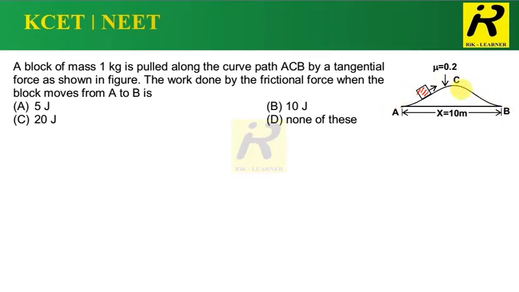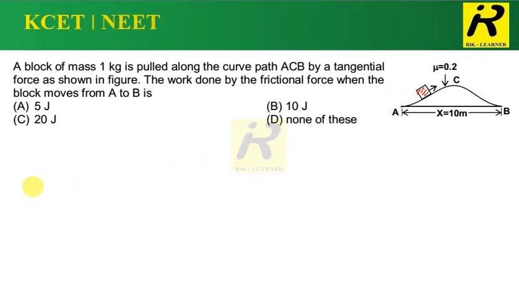During this process, the friction that appears just beneath the block, where it makes contact with the curved surface, will do some work. So that work should be calculated here.